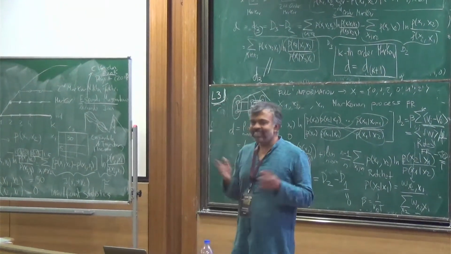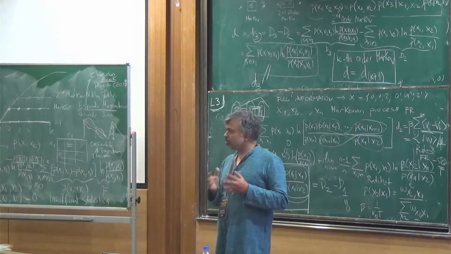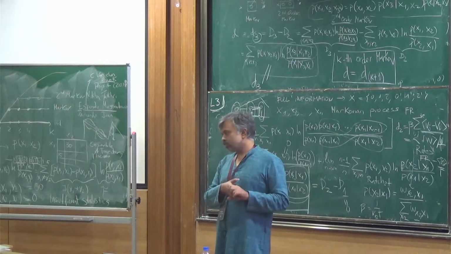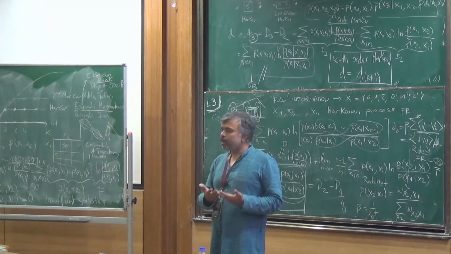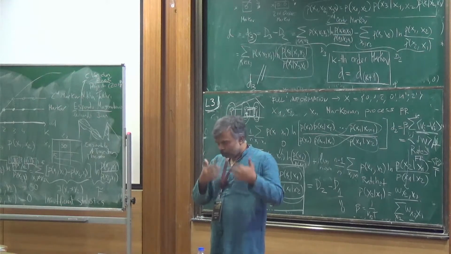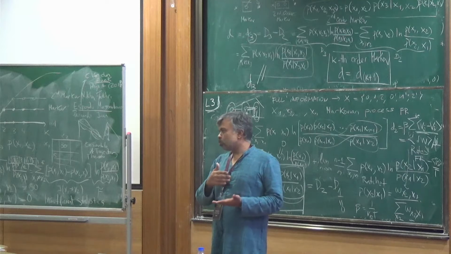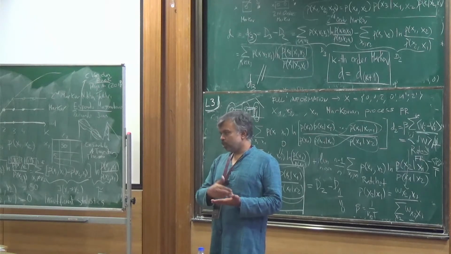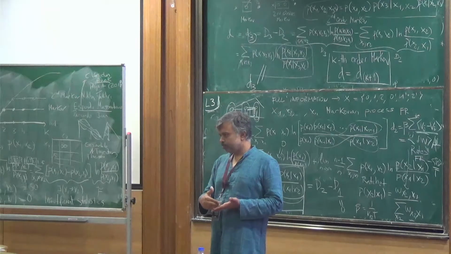Anyway, even if those things are not solid, one can still define, in a model-based way, not generally maybe, what my stochastic work, stochastic heat, and stochastic internal energy are.